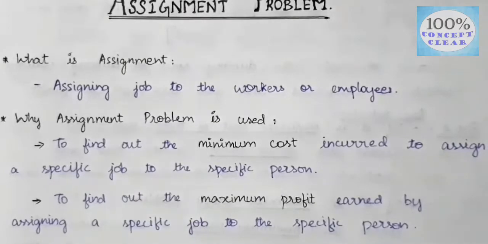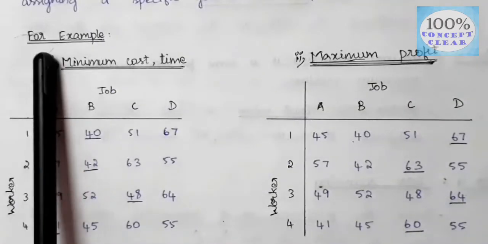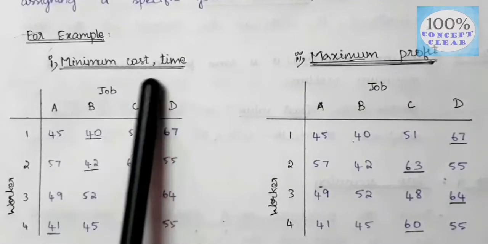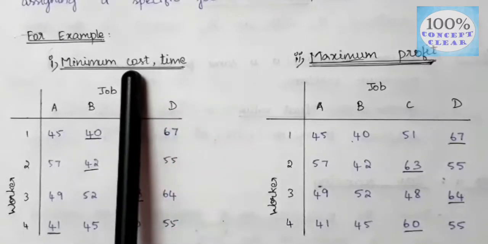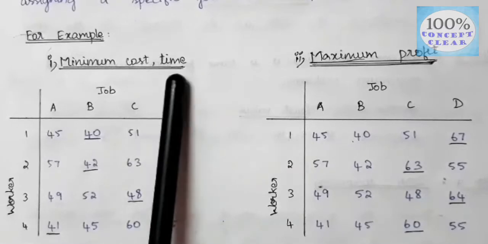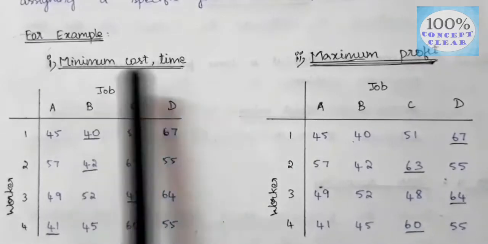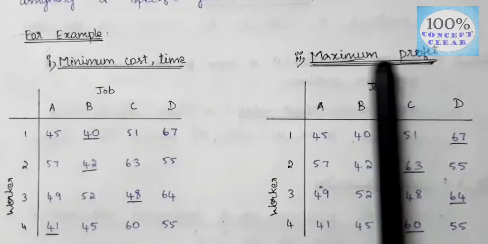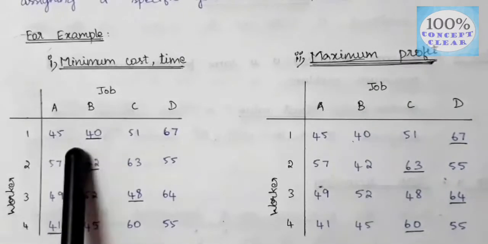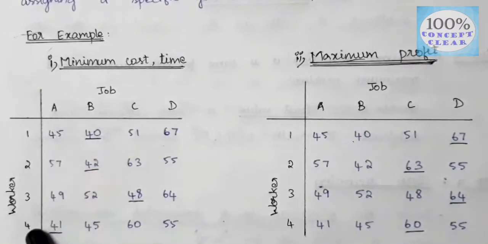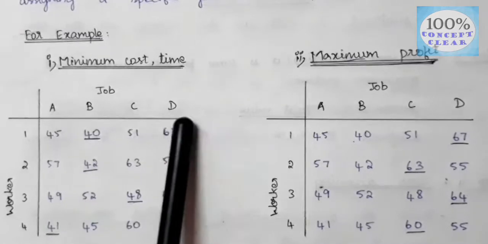So example for these are, this is example for first objective. First is minimum cost or time. Here both cost and time will be in a minimum. And second case is maximum profit. Here profit will be in maximum. So here 4 workers are there and also 4 jobs are there.